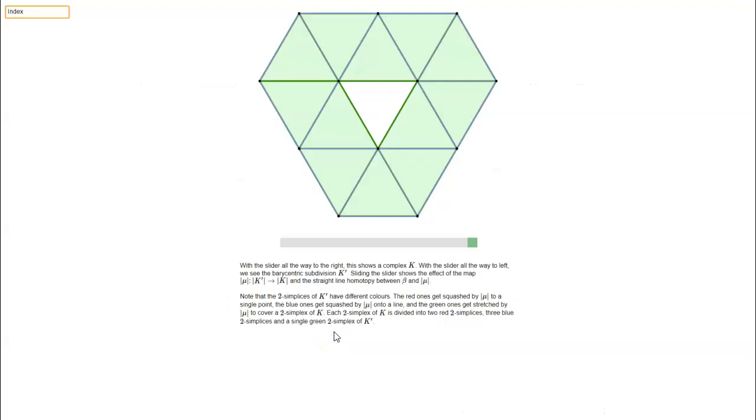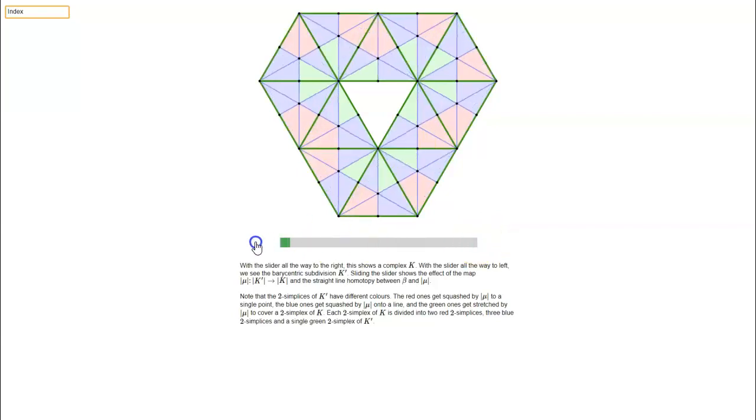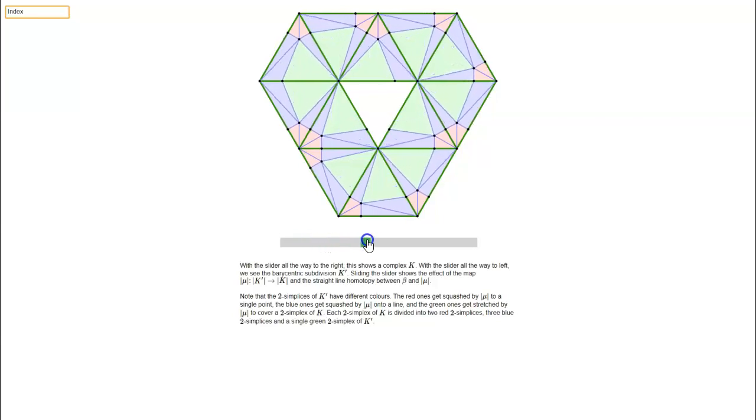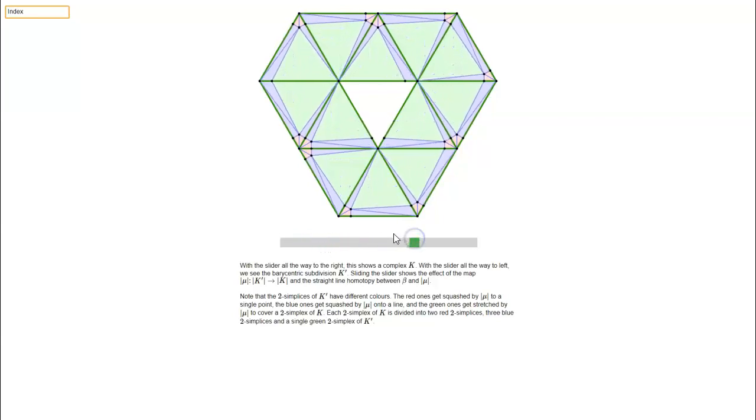And so let's look at a more complicated example. Here's a bigger simplicial complex K. Here's its barycentric subdivision K prime, where each of the original triangles has been divided into 6. And the effect of the map mu is like this. Each of the vertices in the subdivision gets pushed down to one of the vertices in the original complex.